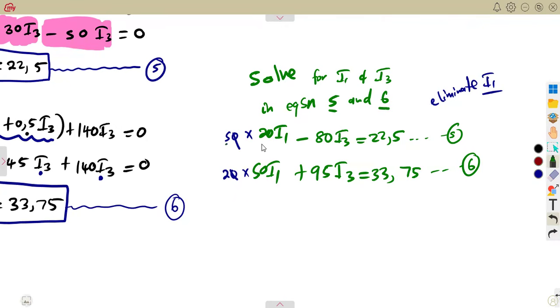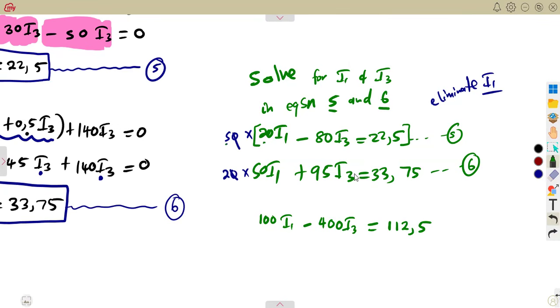All right. Anyways, let's multiply 5 times 20. It's going to be 100. You're multiplying the whole equation, each and every part that you are given. So 5 times 80 is going to be minus 400, so we've got minus 400 I3, which is equal to 5 times 22.5, that was going to give us 112.5.